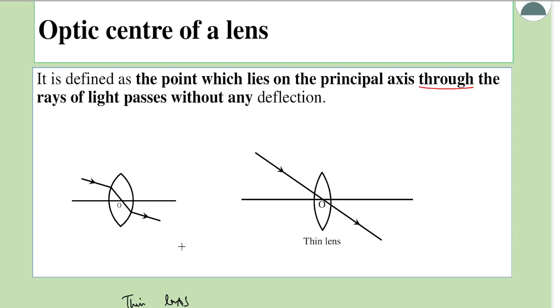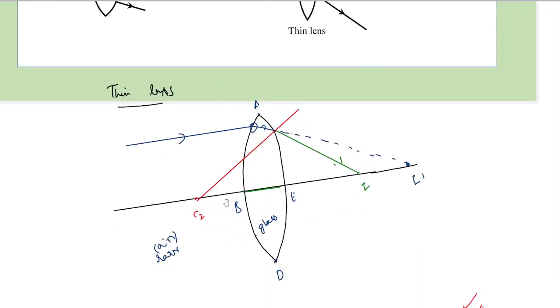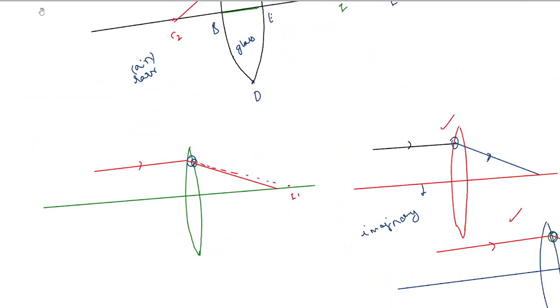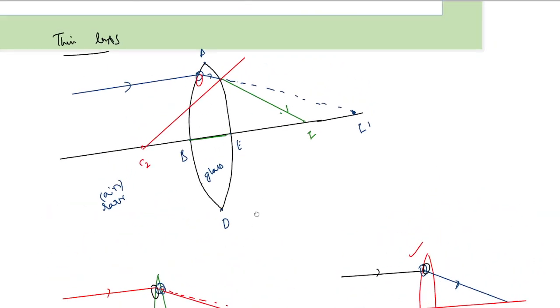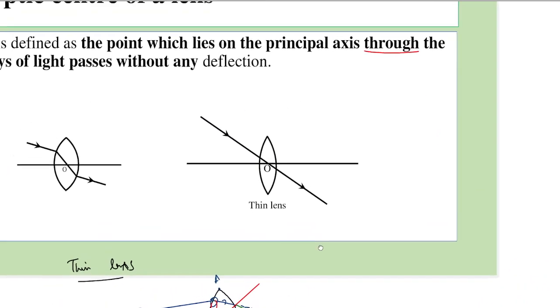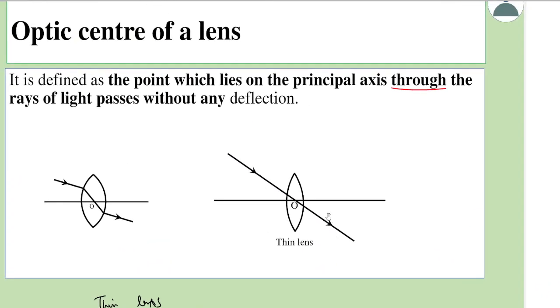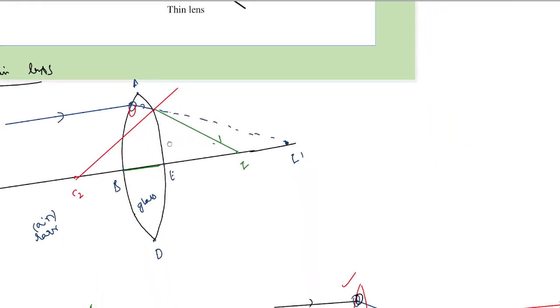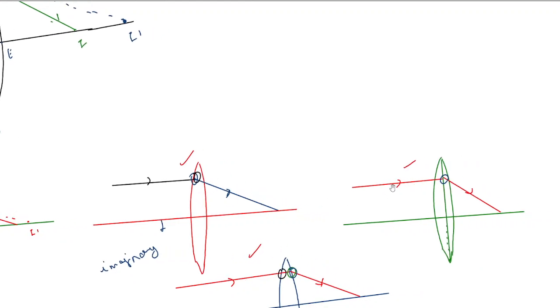Which means, if a light ray falls on any point, as seen in the previous cases, say here or here or here, light undergoes deviation. But there's one point in the lens where, when light falls on it, it doesn't deviate. You can think of this diagram to make more sense out of it.